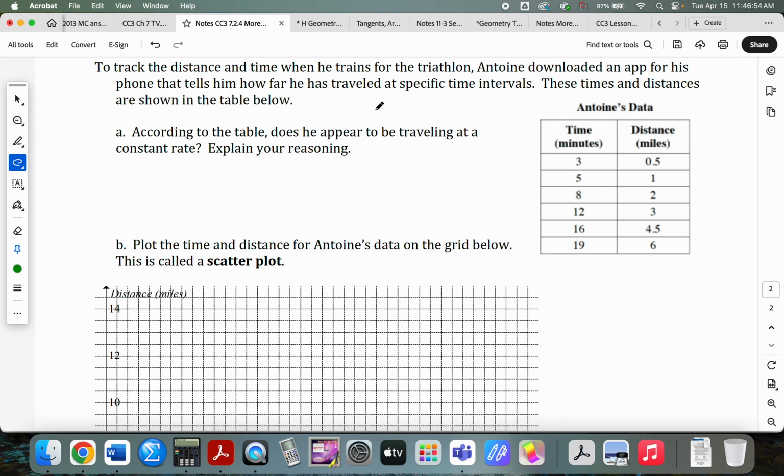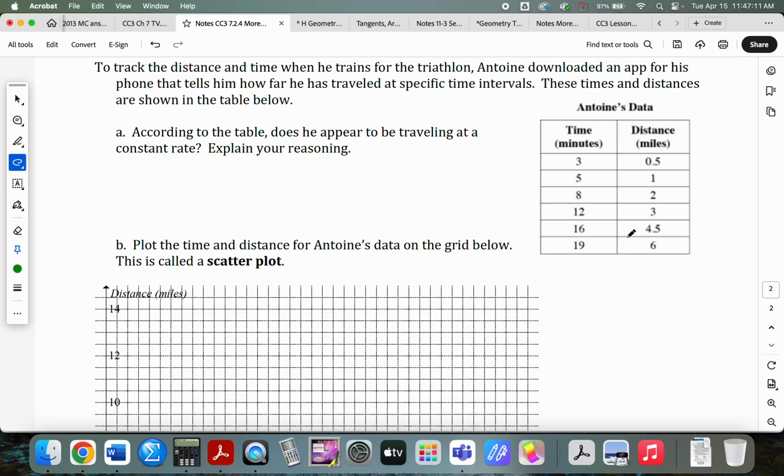All right, so according to the table, does he appear to be traveling at a constant rate? No. Wow, y'all jumped on that quickly. I want you to give me concrete proof.